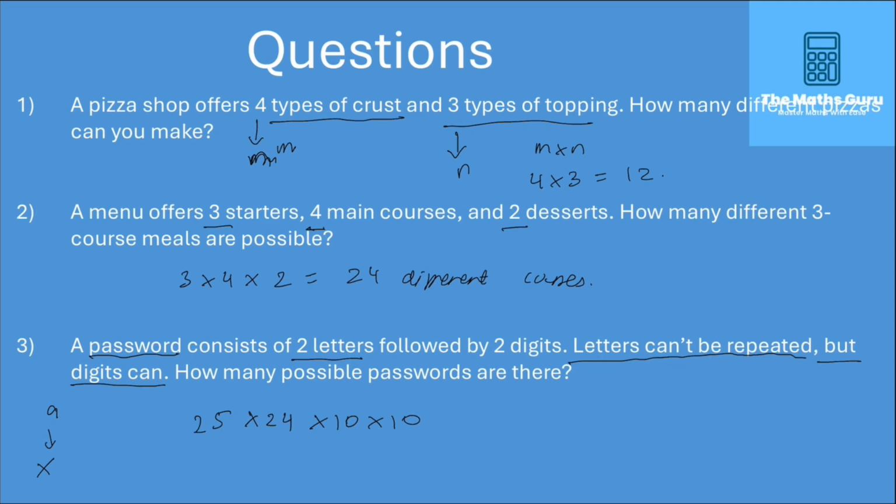So if I choose 3, I can then choose 3 again. Therefore, there's still 10 combinations on the second choice of digit. So 25 times by 24 times by 10 times by 10 gives us 60,000 different password choices.